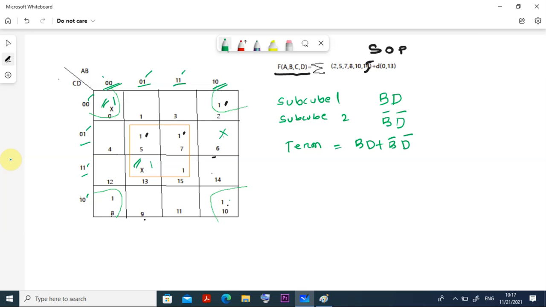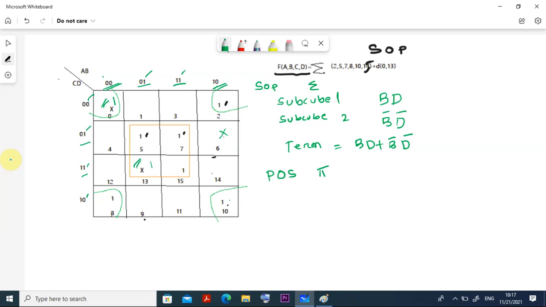Here you can clearly understand, for the sum of product we are using notation like this sum. Okay, when I go for product of sum, in case of product of sum, I will be using the symbol like this one.